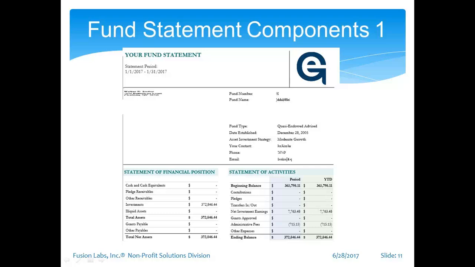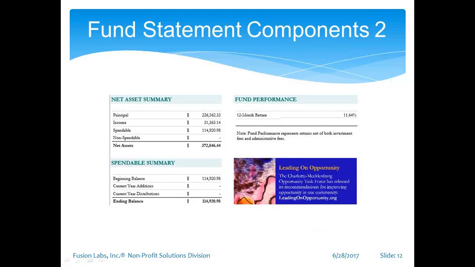This is just a sample, and I'll show you the actual thing in production, but the fund statement that we create is configured in segments. So we have a segment on the financial position, a segment on the activities, and we have net asset summary, spendable, fund performance.